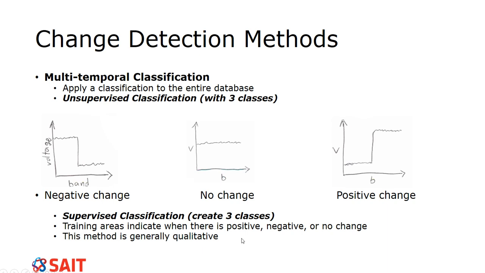The supervised classification uses the same 3 classes, but you actually do the training areas. So we just go back to supervised classification. This method is absolutely no different than running classifications like you would normally do.